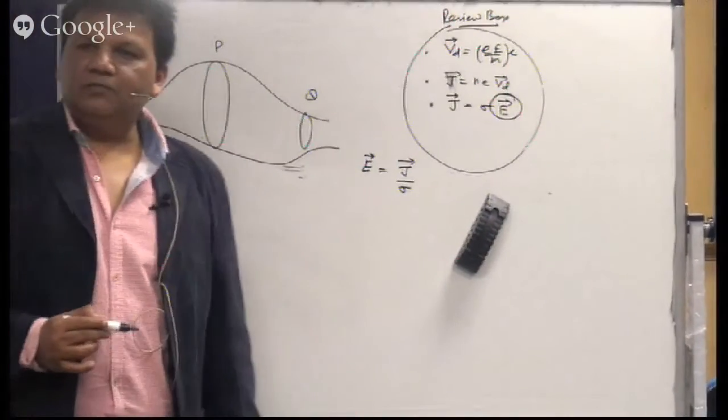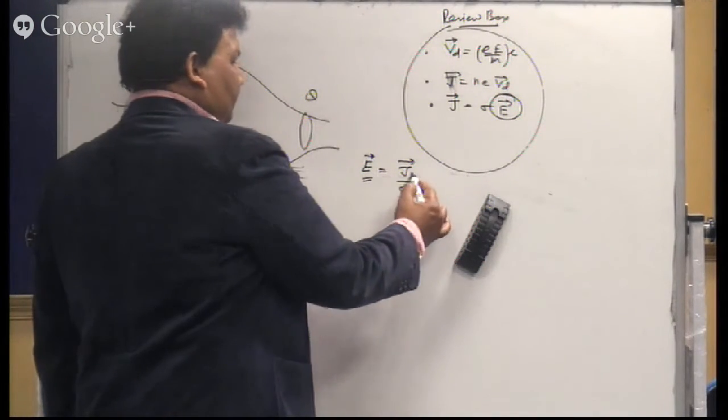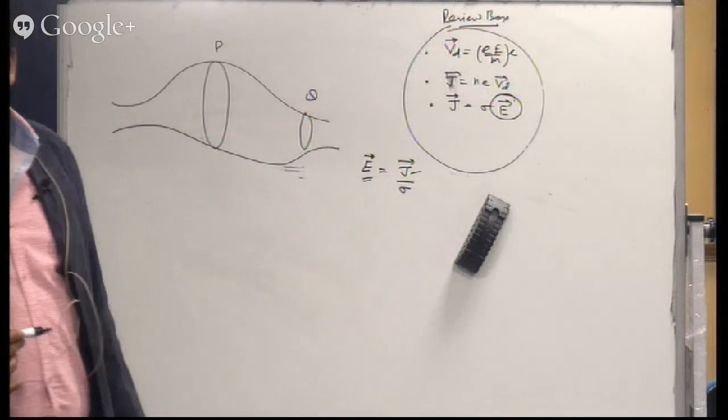You know conductivity for a material is constant. So what is E dependent on? J. And what is J?